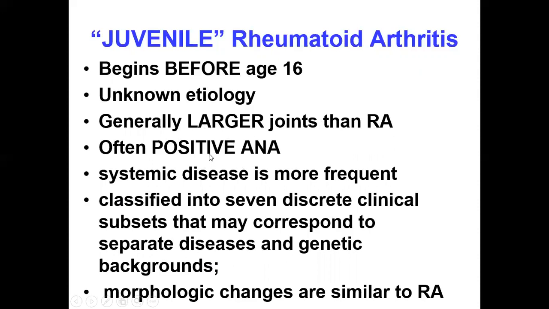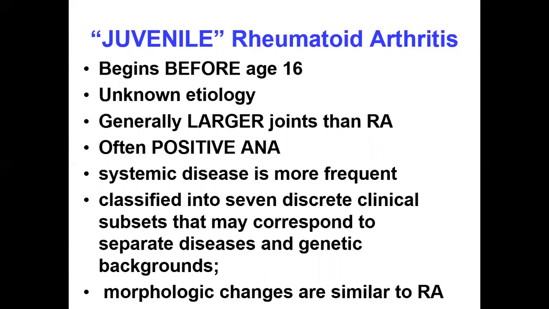They often contain ANA in the serum, antinuclear antibodies. Systemic disease is more frequent, and they are classified into 7 discrete clinical subsets that may correspond to separate diseases and genetic backgrounds.